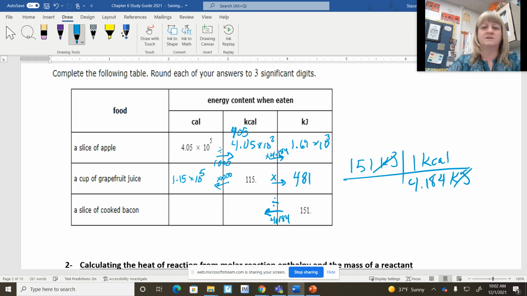So kilojoules will cancel. So 151 divided by 4.184, and I end up with 36.1. And I take that 36.1 and I'm going to times it by 1,000 to get to the next one, which will put it 3.61 times 10 to the fourth.